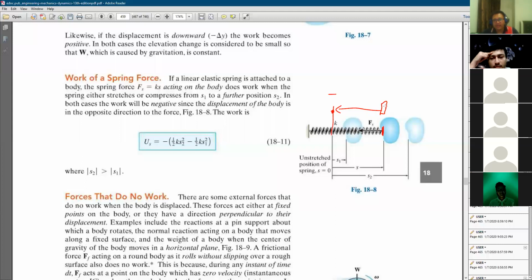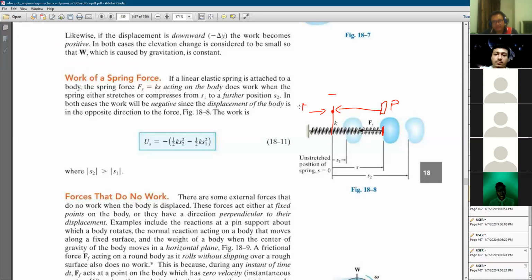You push, meaning this is the direction of motion, the force that you give, let's say P. However, the spring will resist against this force. I will put it as Fs. Fs will try to resist these forces. So that's why it is negative.